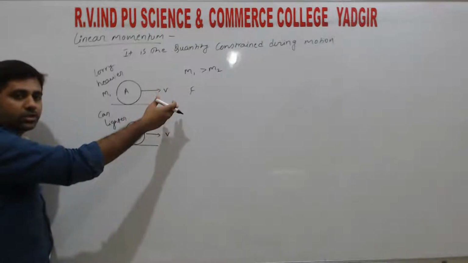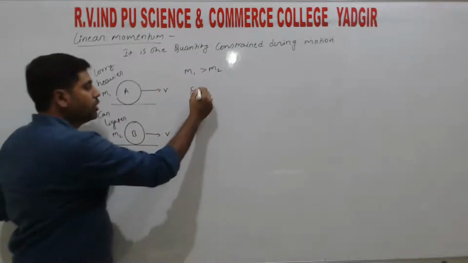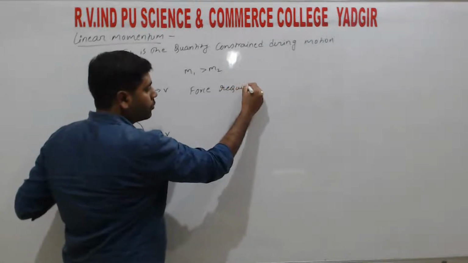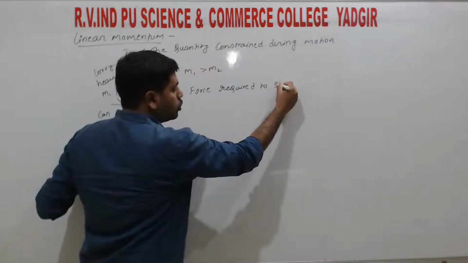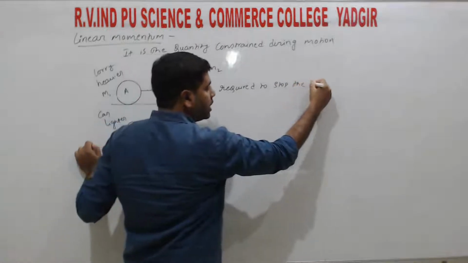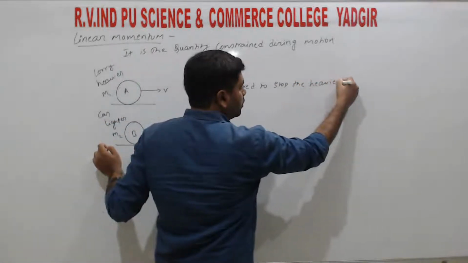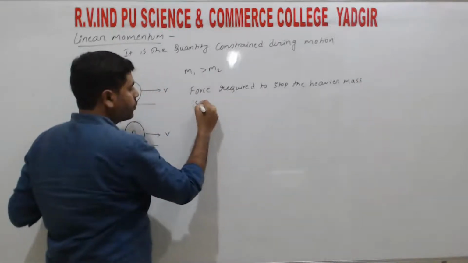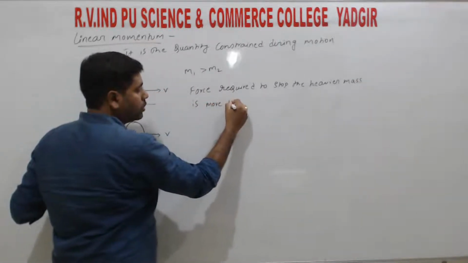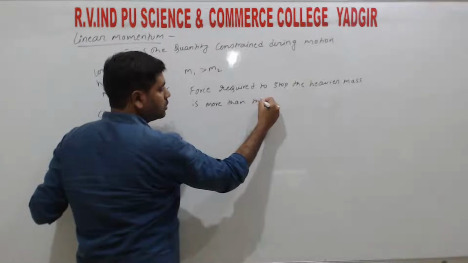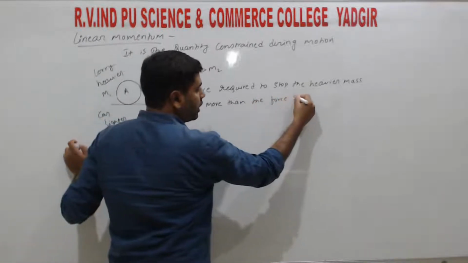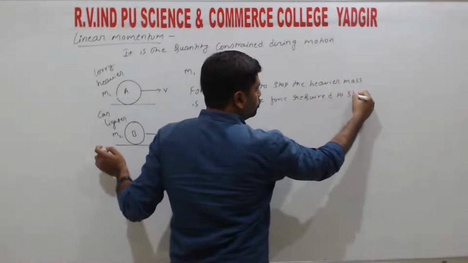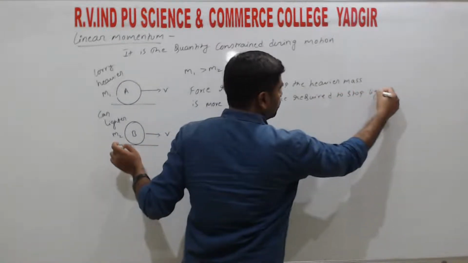So that opposition force is more. The force required to stop the heavier mass is more than the force required to stop the lighter mass.